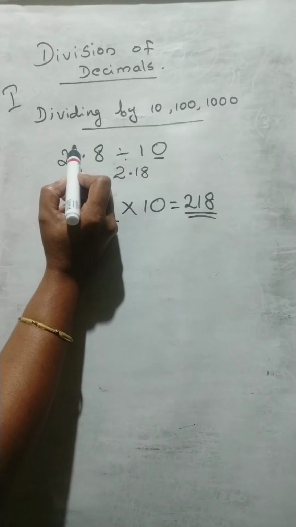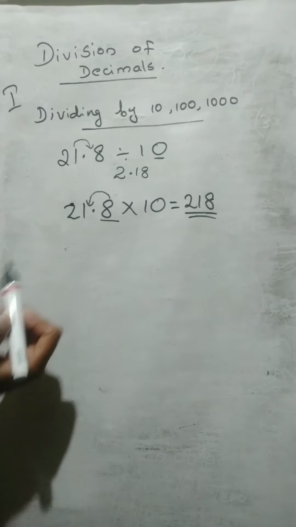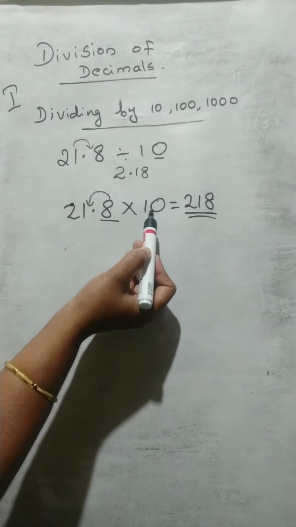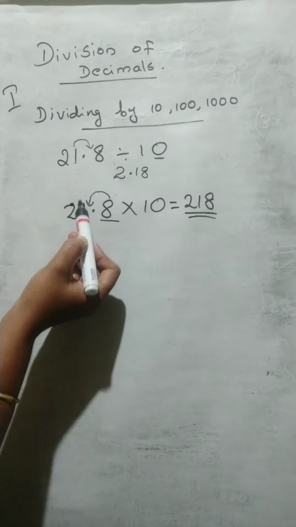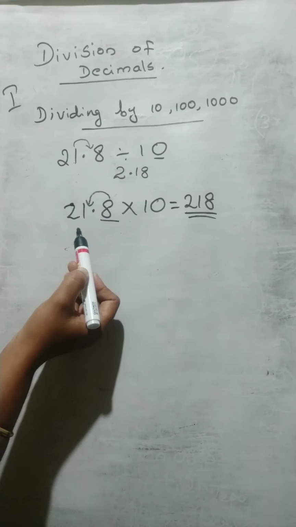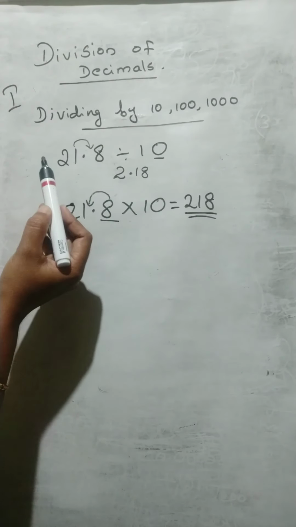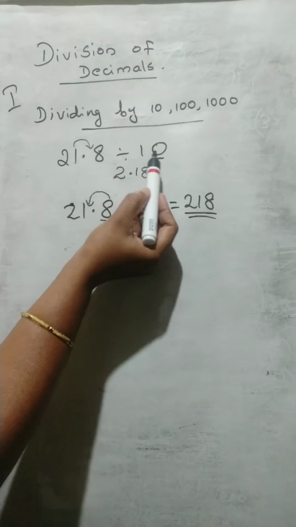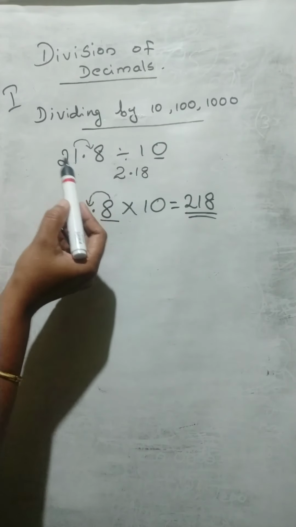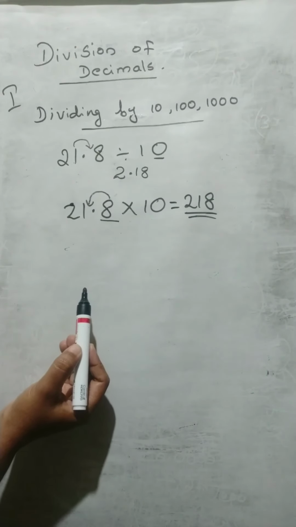We took this 1 and kept it after the decimal point. In multiplication we take a decimal digit and keep it before the decimal point, but here just the opposite. How many zeros are there? According to that, we have to take digits before the decimal point and keep them after the decimal point.